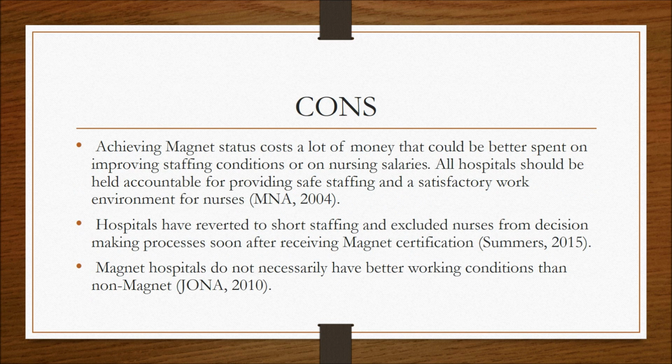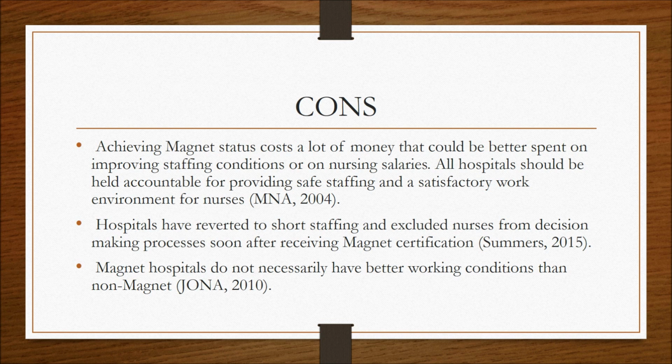Achieving magnet status costs a lot of money that could be better spent on improving staffing conditions or on nursing salaries. All hospitals should be held accountable for providing safe staffing and a satisfactory work environment for nurses.